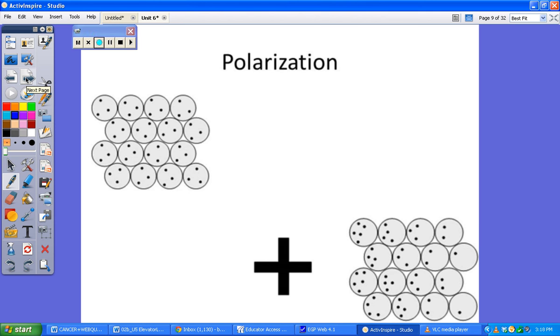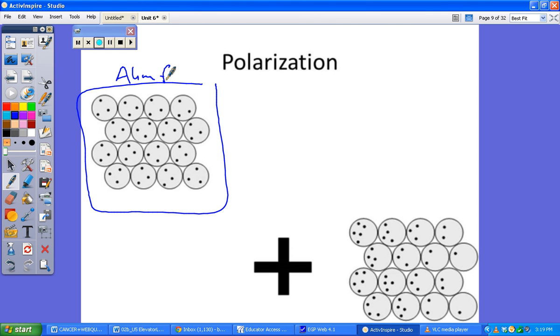So if this was a piece of aluminum foil here, and this was that plastic wand that we used, when you brought it near it, the charges all moved towards that positive charge. All the electrons, being these negatives, moved towards that positive charge.